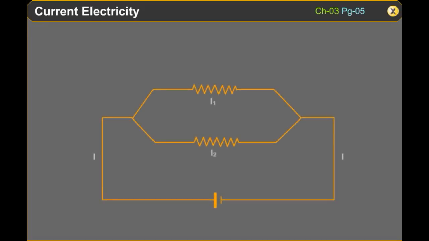Combined resistance of two resistances connected in parallel. Two resistances R1 and R2 are connected parallel to one another between the same 2 points A and B. A battery of V volts has been applied across the ends of this combination.